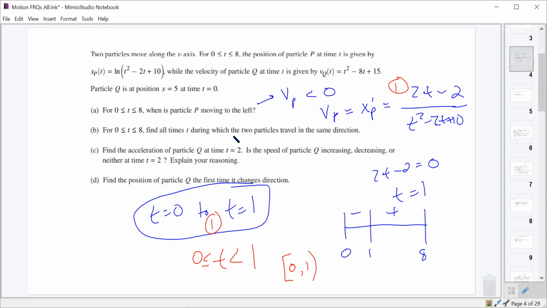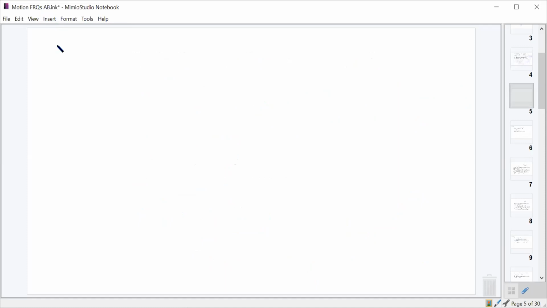All right, for part B, we want to find all times during which the two particles travel in the same direction. We know which direction particle P is traveling in from 0 to 1 and from 1 to 8. We need to figure out now about particle Q. Particle Q had a velocity of t squared minus 8t plus 15.